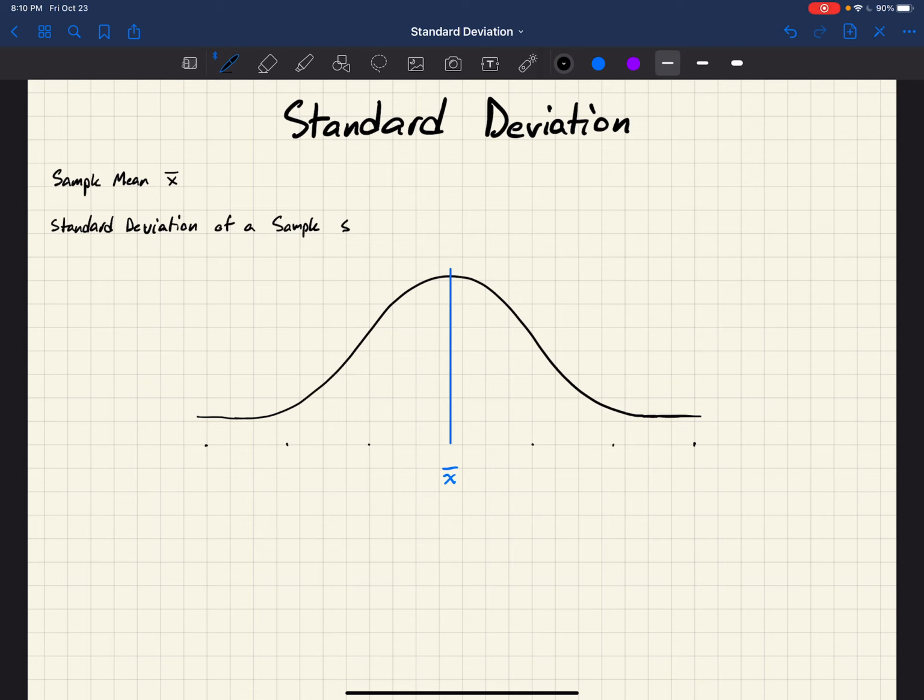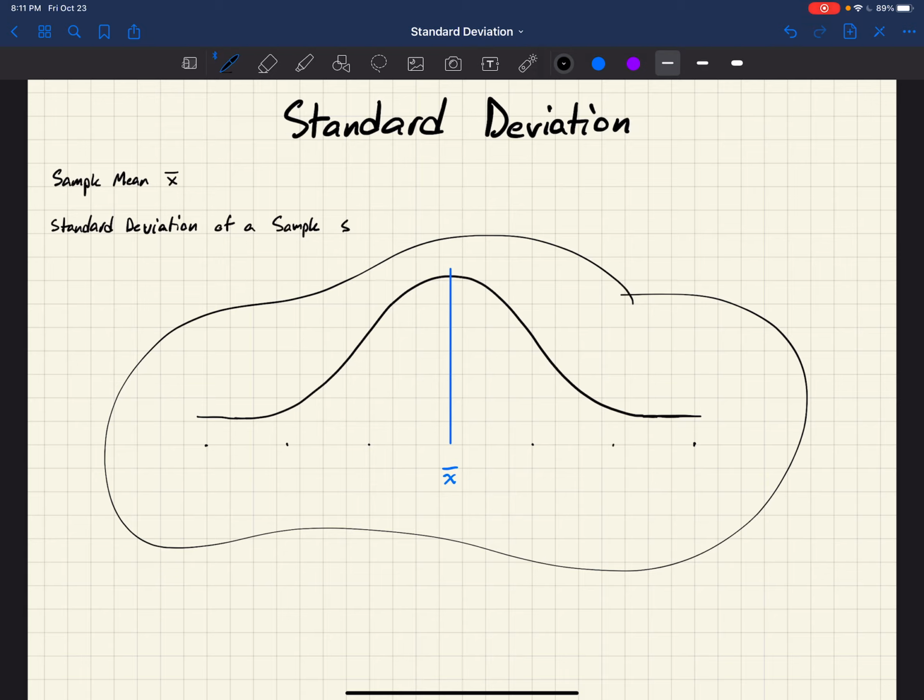So what the standard deviation tells us, typically, if we are dealing with data that follows a bell-shaped curve for the distribution, is how much data we can expect to be within one standard deviation of the mean, above the mean and below the mean. For example, let's look at this curve that I've drawn right here. This is a bell-shaped curve.